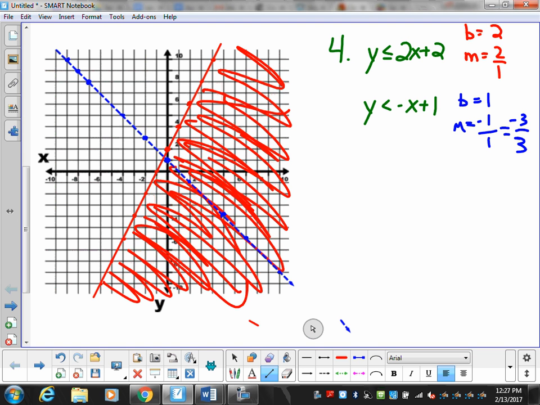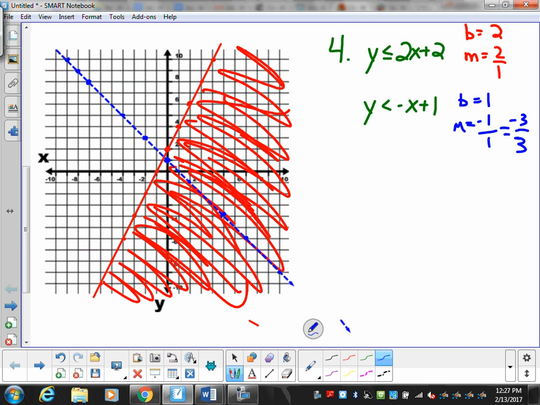So that's going to be a dashed line because it says less than, it does not say equal to. So again, which way am I going to shade? The direction got changed on this one.